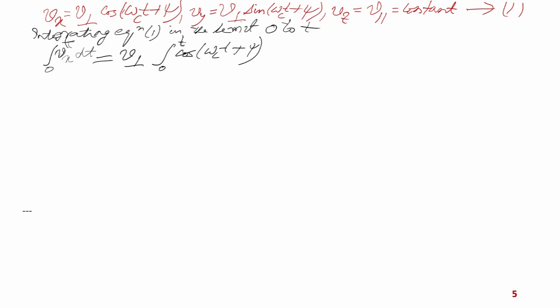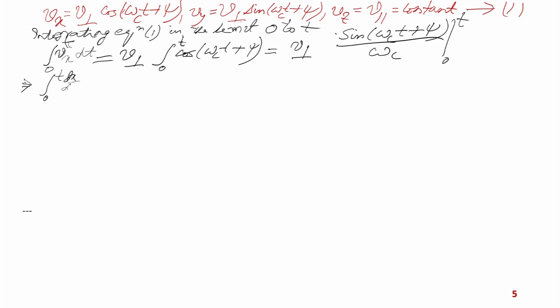I will do the first one and then the other one. What will it give me? It will give the perpendicular component of velocity times sine of the cyclotron frequency omega c t plus psi, divided by omega c, and then we have to put the limits 0 to t. On this side it is also 0 to t, so it is dx by dt dt.